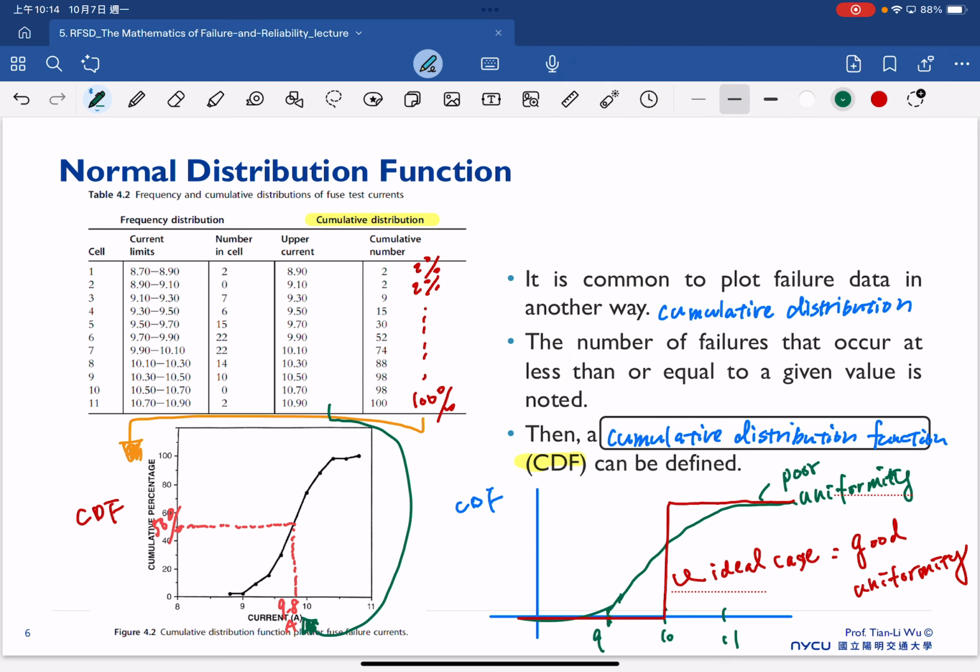So analyzing this CDF gives us a further understanding of the uniformity of our product. That's an important implication for the CDF function.